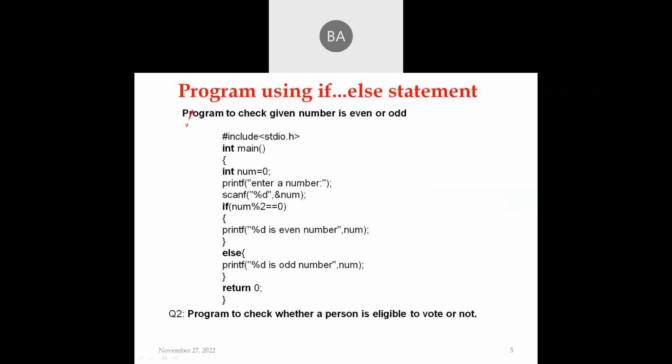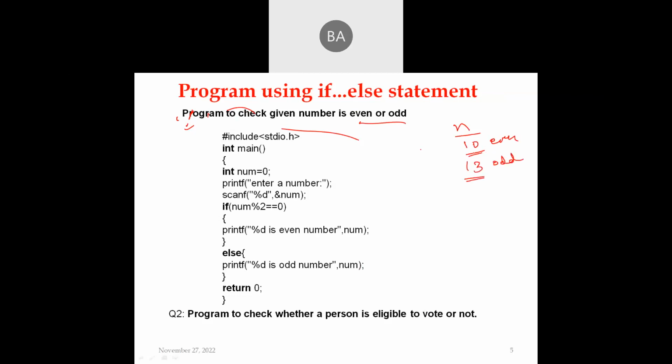So this is an example program where we are making use of this if else statement to check whether the given number is even or odd. When we are given a number, suppose 10, we will check it is an even number. How can we check if it is even? Suppose you are given 13, it is an odd number.